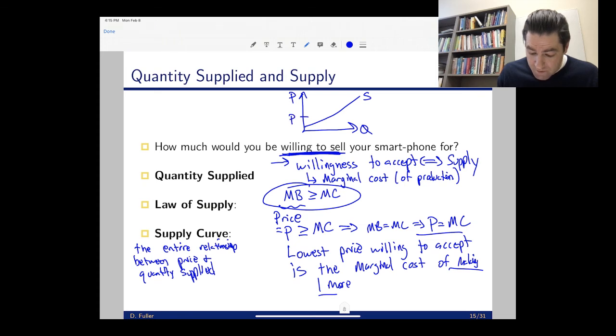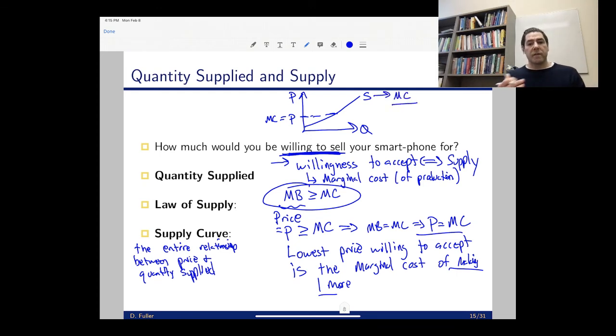The price has to be equal to the marginal cost. And so that is where the law of supply is coming from: the more of something you want me to produce, right? So if I think of making 5 cell phones for you versus 10, my marginal cost is going to be higher, right? The more of something I make, the more expensive it's going to be to make more.